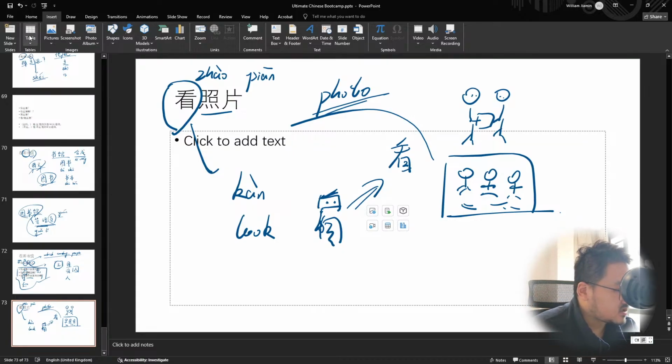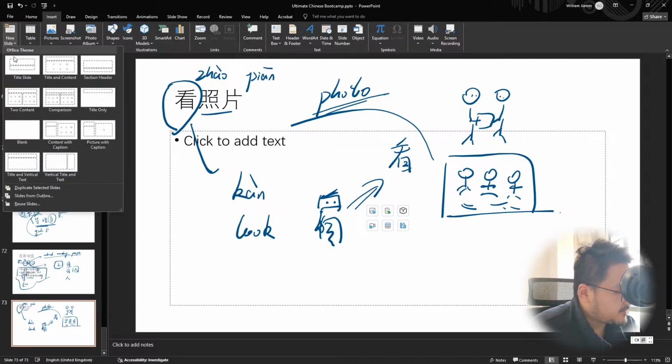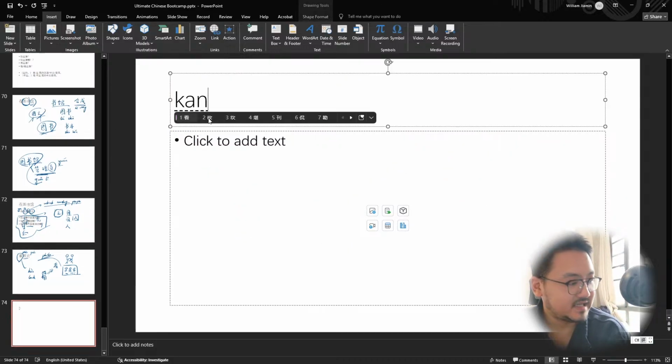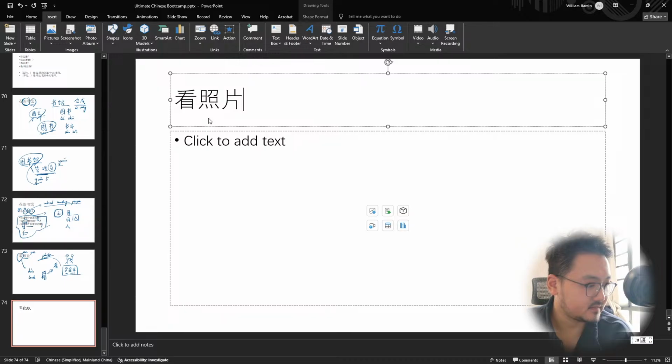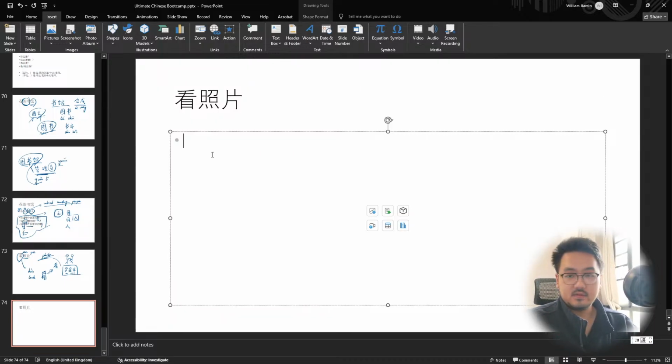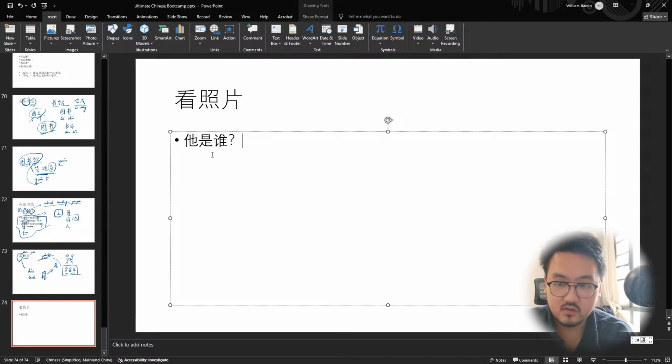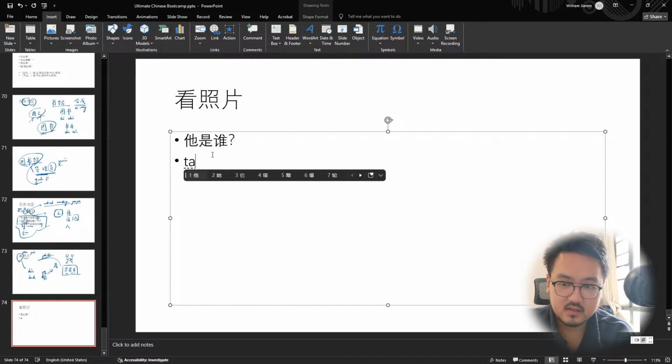Okay? So let me just give you some examples here. So 看照片, look at photo. And for example, 他是谁? It's a typical asking question. But as I said, nobody talks like this. It's like interrogation. 他是谁呀?